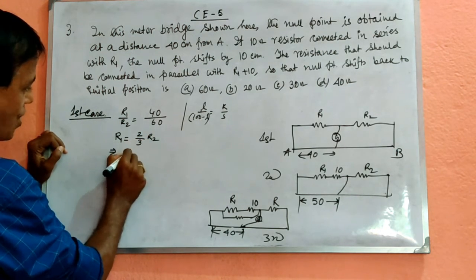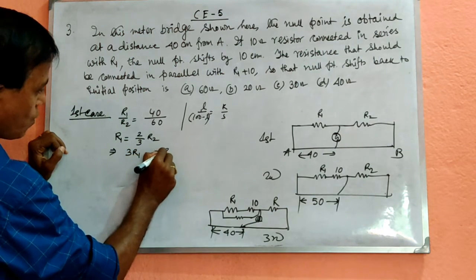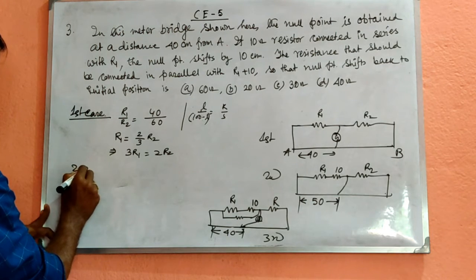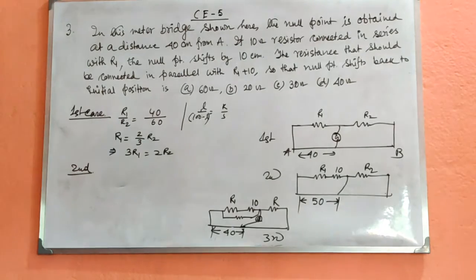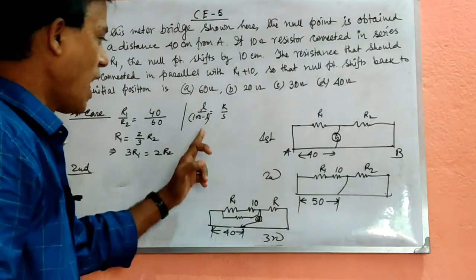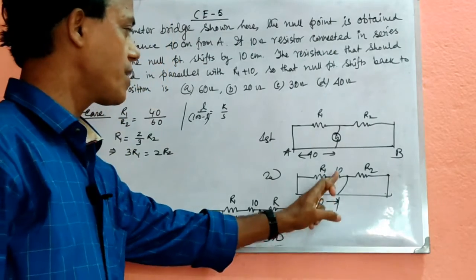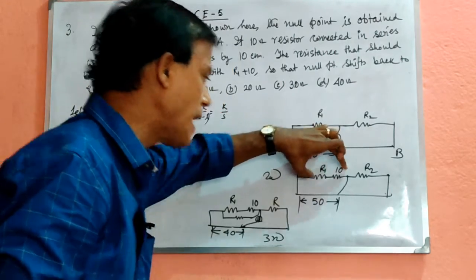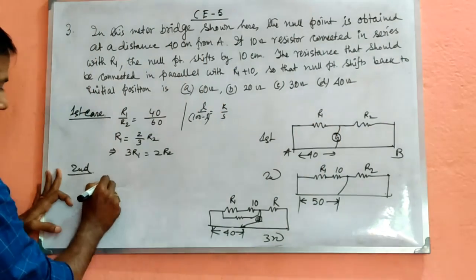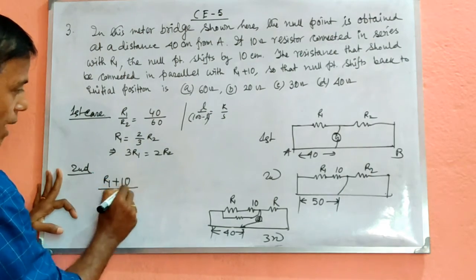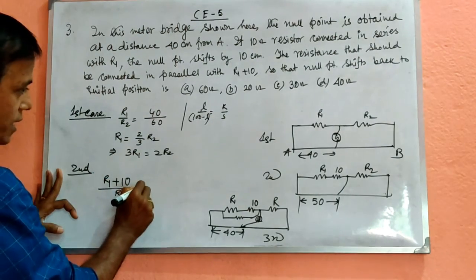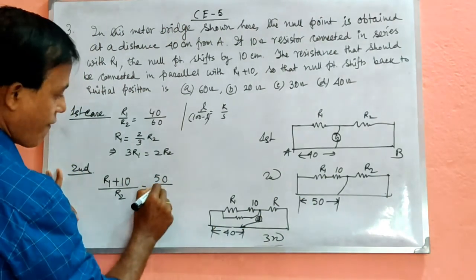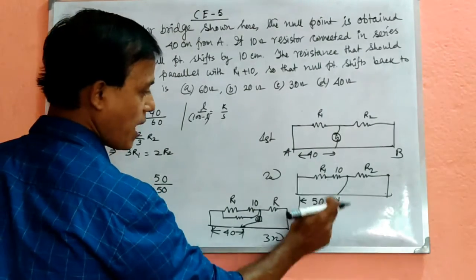Hence 3R1 is equal to 2R2. Now in the second case, the null point shifts by 10 centimeter when a 10 ohm resistance is connected in series with R1, so the value is R1 plus 10. In the second case, R1 plus 10 by R2 is equal to 50 by 50, where 50 comes from 40 plus 10.